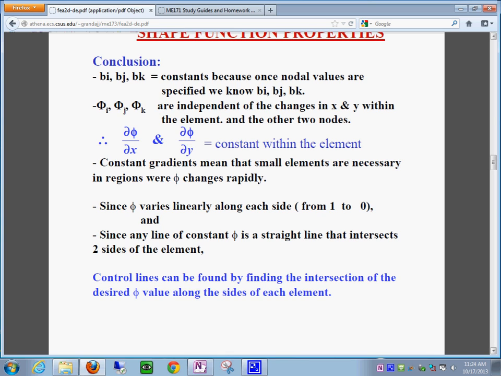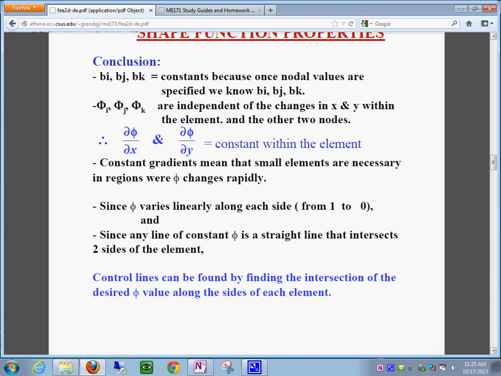On a discontinuity we will have a huge change in slope, but this constant gradient means that small elements are necessary in regions where phi changes rapidly.